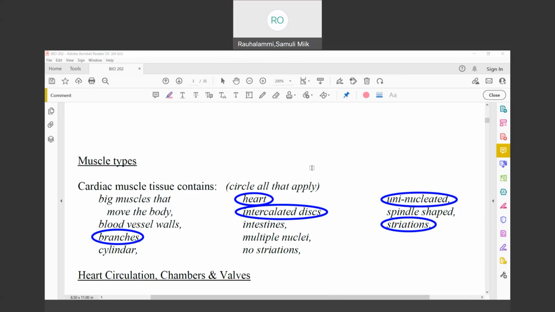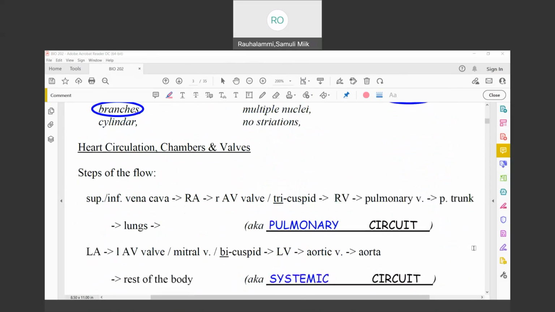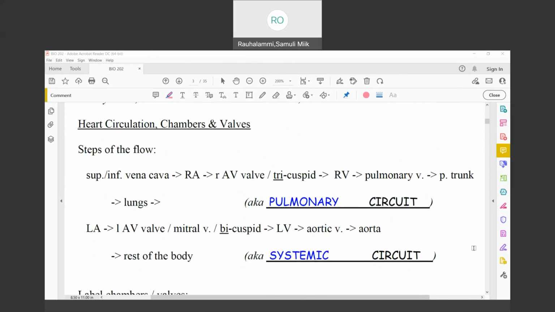So now that we are familiar with that, and we're familiar with the concept that this all aims for the mass of the tissue to contract in uniform to do this pumping of the blood from one chamber to another, let's have a look at the flow of the blood through the heart, and we'll see some of the important structures here.